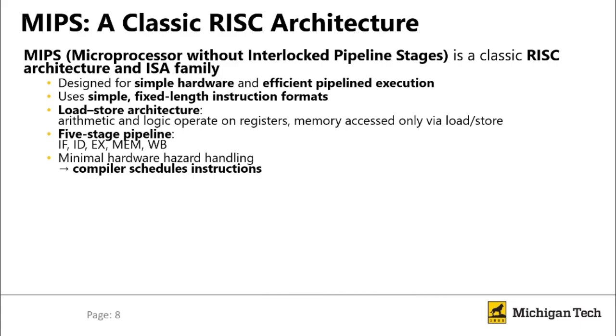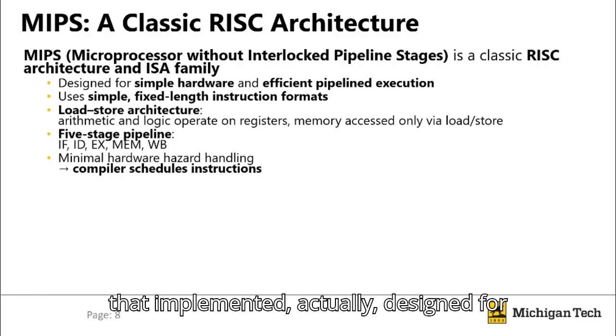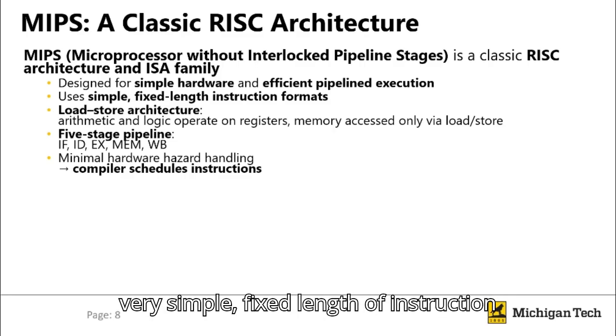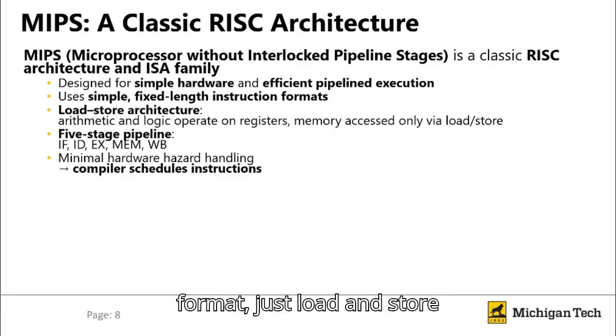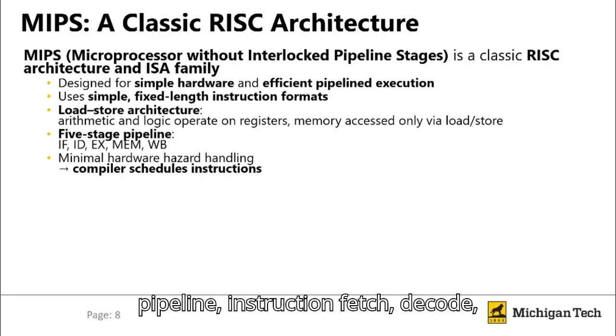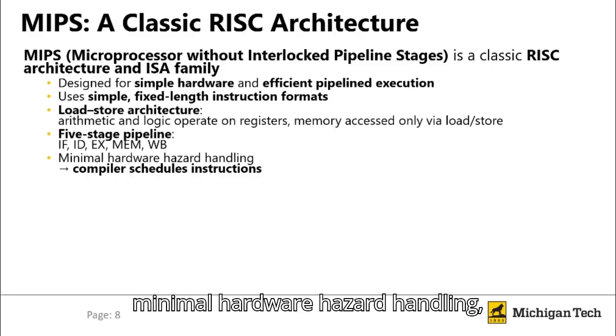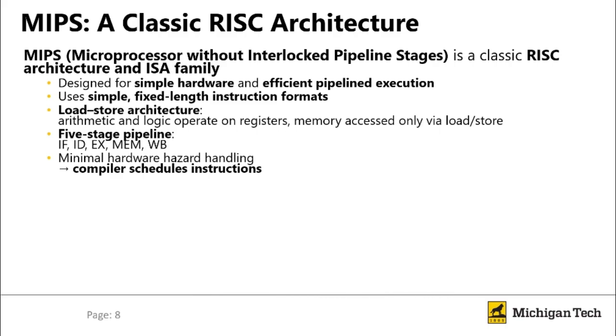This was first a RISC computer, actually designed for simple hardware, with a very efficient pipeline and a very simple fixed-length instruction format. It uses just load and store to access memory, and a 5-stage pipeline: instruction fetch, decode, execute, memory, and write back, with minimal hardware hazard handling.